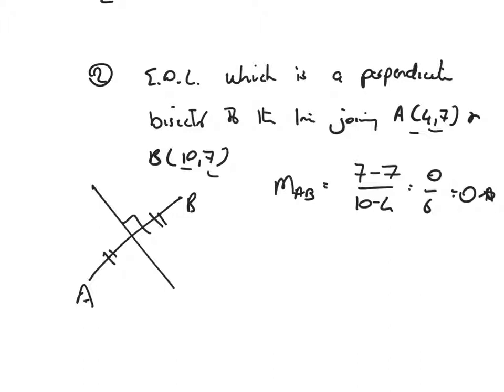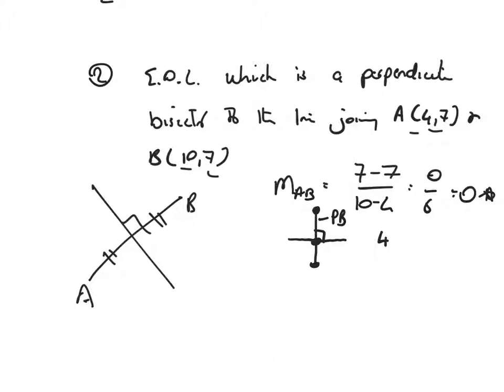Instead, we just visualise what's going on. So if you've got a line which is horizontal, then obviously perpendicular to that must be a vertical line. So the perpendicular bisector then must be a vertical line.